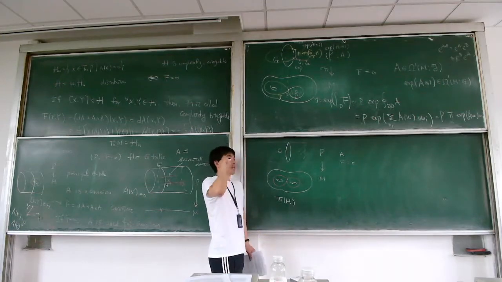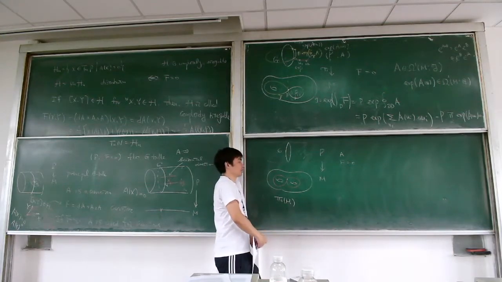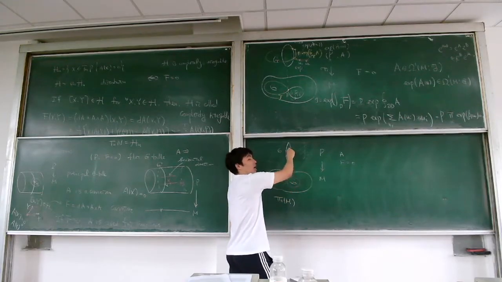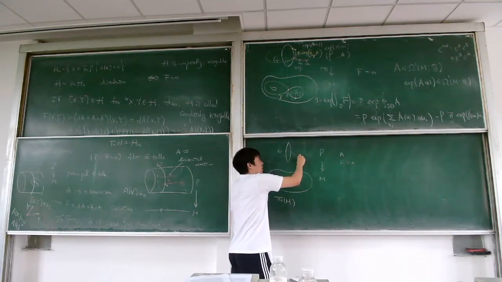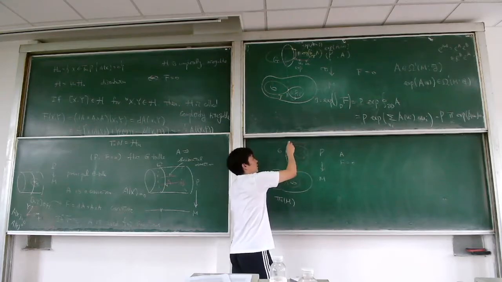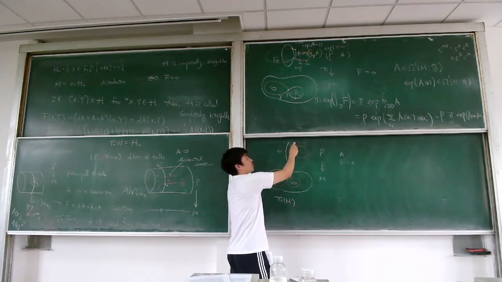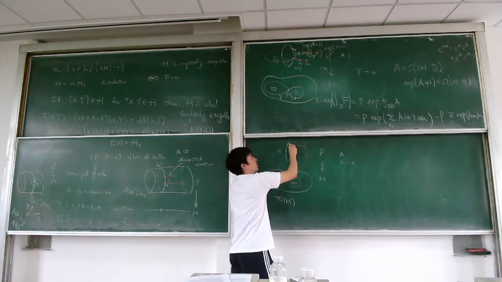The connection defines the horizontal direction, so you can move along the non-trivial cycle, and you get some holonomy group element G.